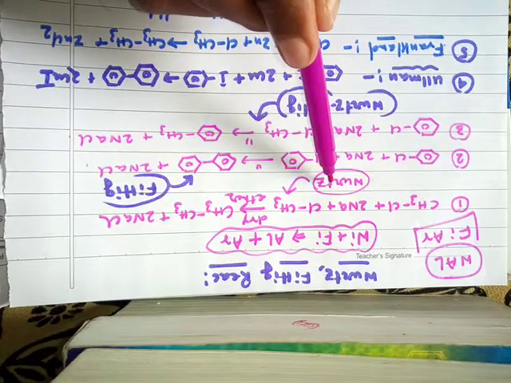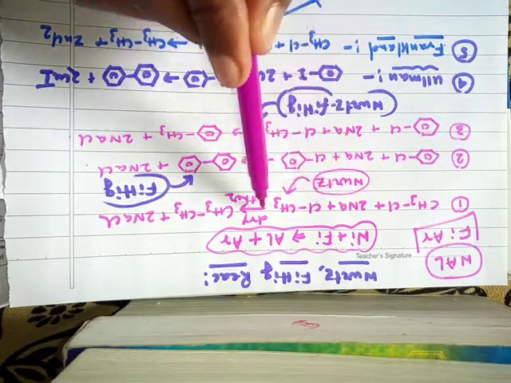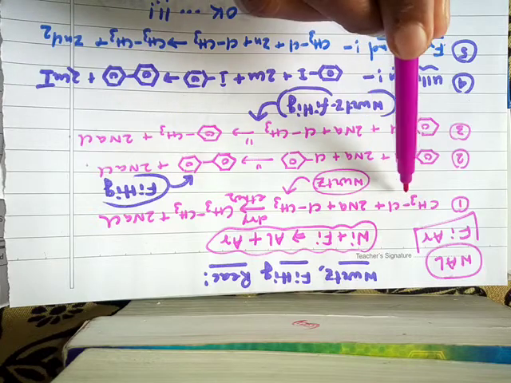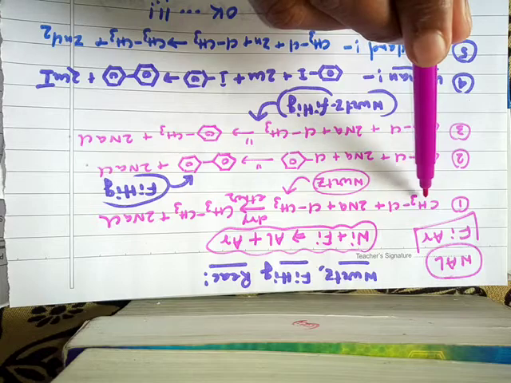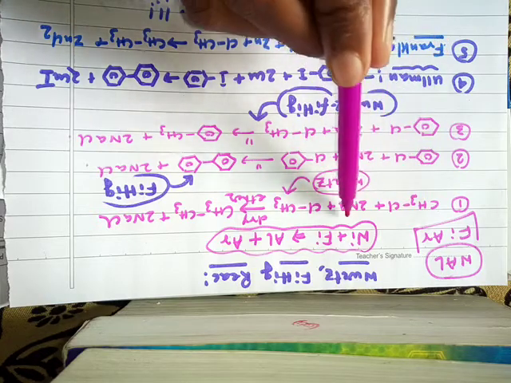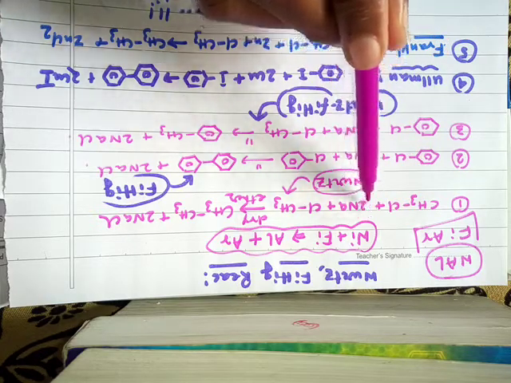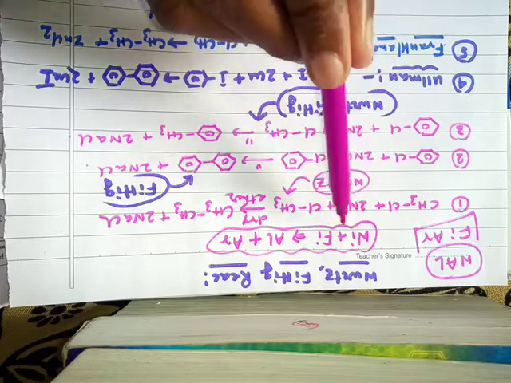In the case of the Wurtz reaction, we have to take two molecules of haloalkane, that is chloromethane, and two atoms of sodium.